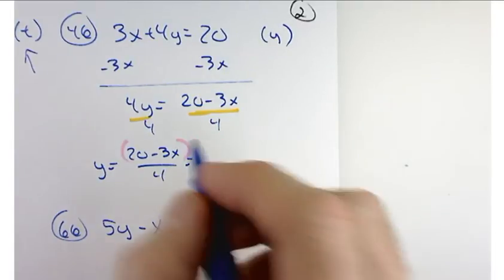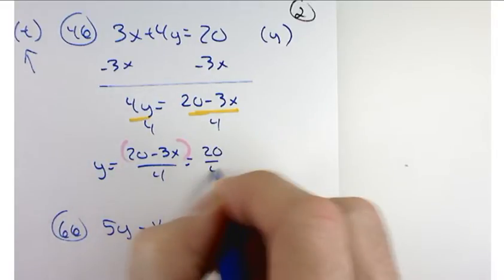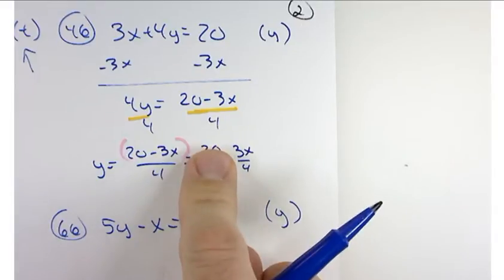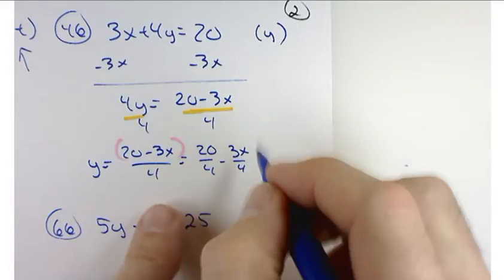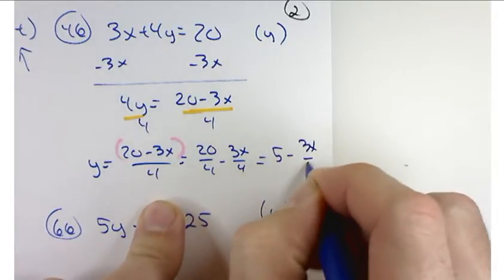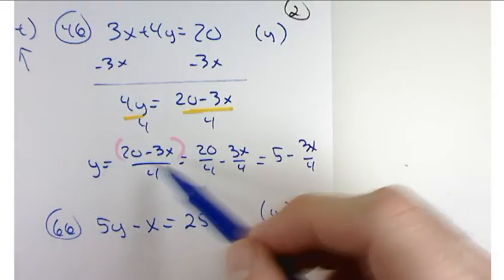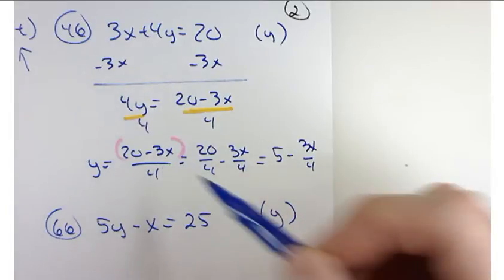What a lot of people are like, oh, God, I want to cancel that 4 into 20. What you can do is divide both terms in the numerator by that term in the denominator. Now you're no longer canceling into that. And you end up with 5 minus 3x over 4. What would be wrong is just to cancel the 4 and the 20 and say 5 minus 3x. That 3x is also divided by the 4.